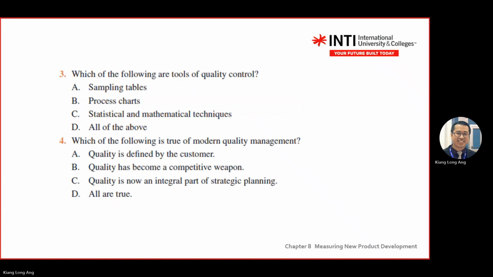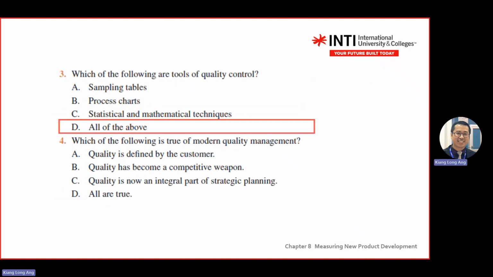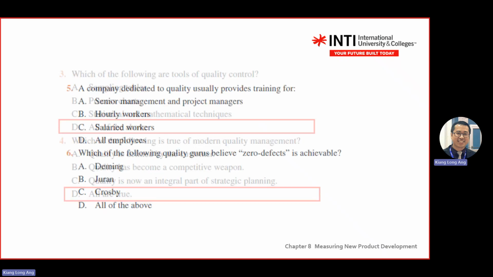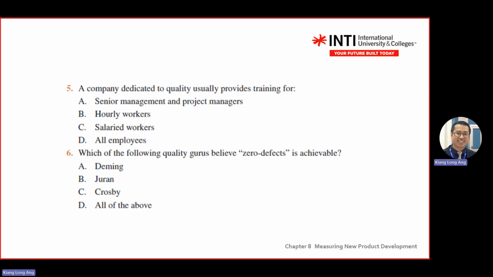Customers. These are all above. Quality control. True, modern quality management. Quality is defined by customers. Quality becomes competitive. Quality is an integrated part of strategic planning. So a company dedicated to quality usually provides training for all.